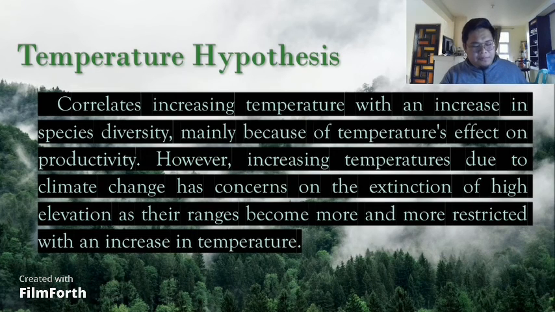Another reason is bakit nga ba maliit yung mga species na nakikita sa higher elevation. It is also about the temperature, as I've said earlier. Di ba pag papataas ng papataas yung elevation, mas lumalamig yung temperature. Let's i-connect natin yung temperature hypothesis sa area hypothesis.